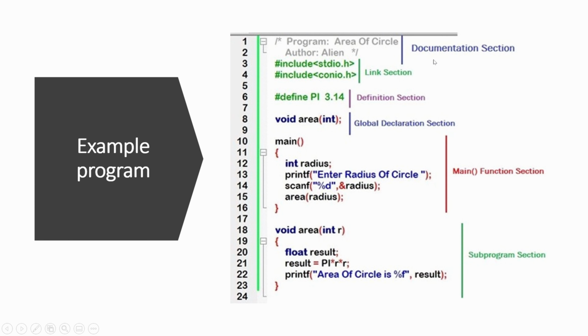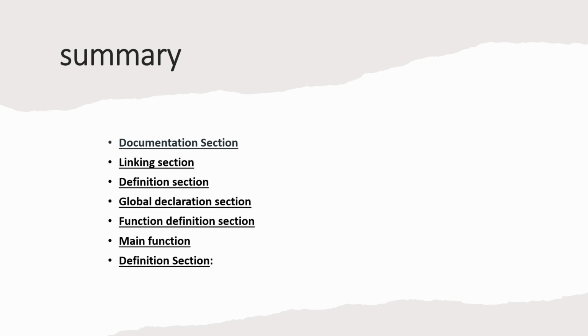Then we have the link section. That means we use the standard input output functions, and I will give you two or more examples of this, displaying the structure of C++, in the upcoming video. And I'm going to summarize everything in a bit.